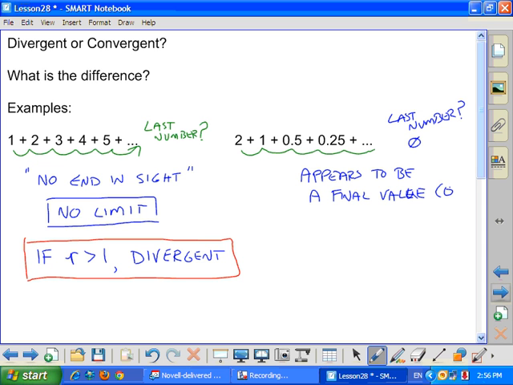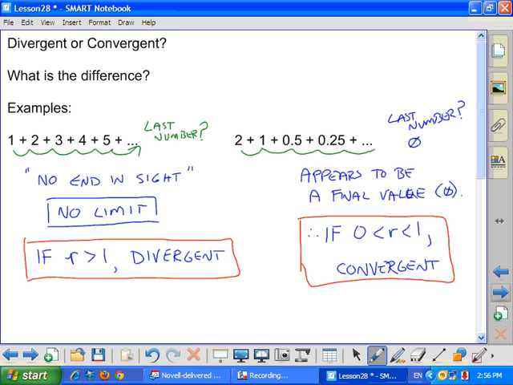And in this case, it's 0. So therefore, if you can see a final value in sight somewhere, then you are dealing with a convergent series. It's converging on what you think it's going to end up with. And that's your difference between divergent and convergent.